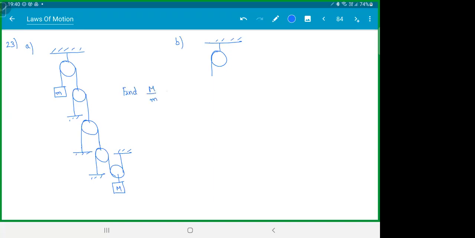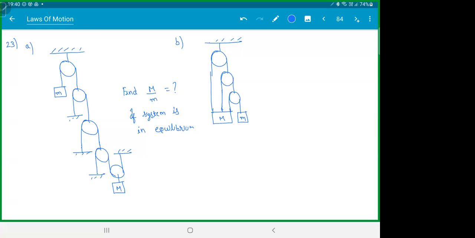Capital M by small m. Let's get this. Easy stuff.